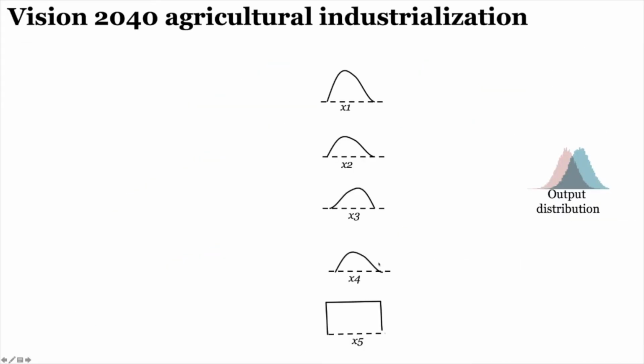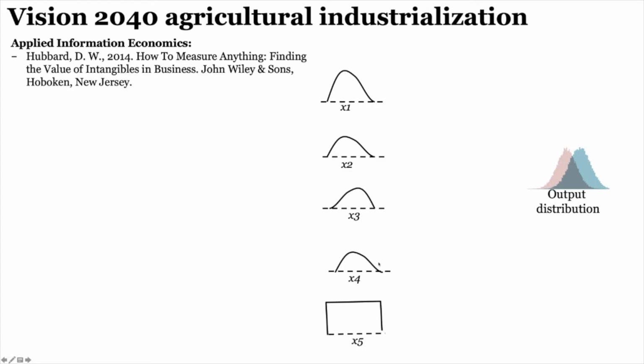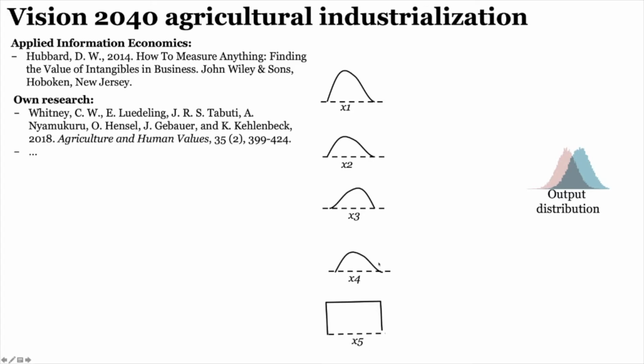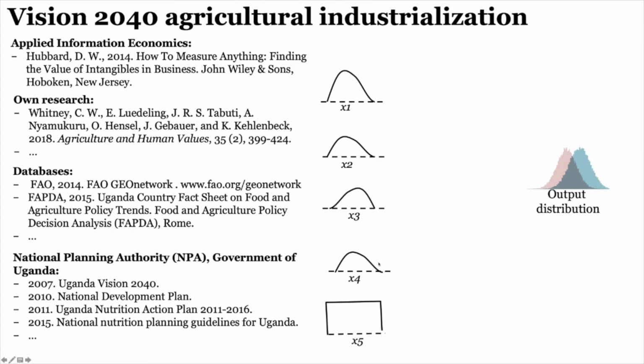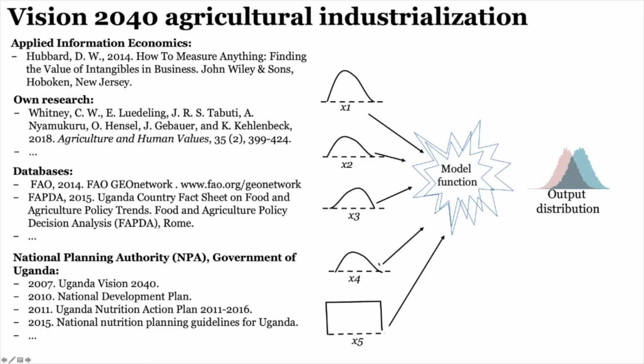And essentially what we did is to take those different distribution shapes that we generated for those models. We followed Doug Hubbard's work, some of our own research. We had data from there. We used databases, and we used some things from the National Planning Authority to generate these distributions.